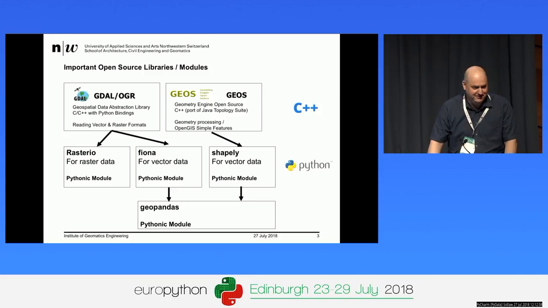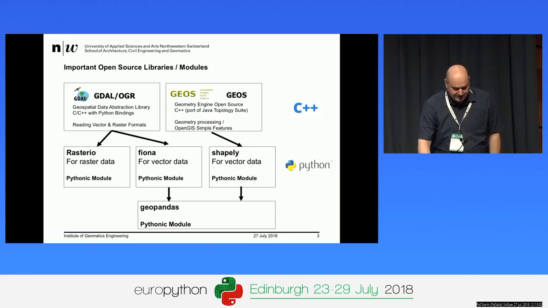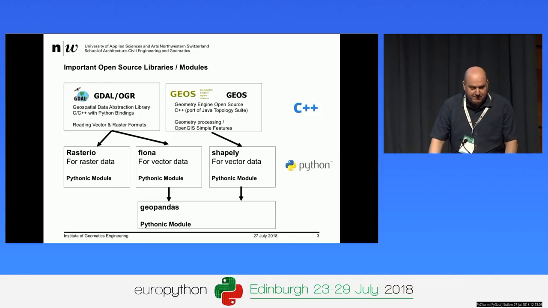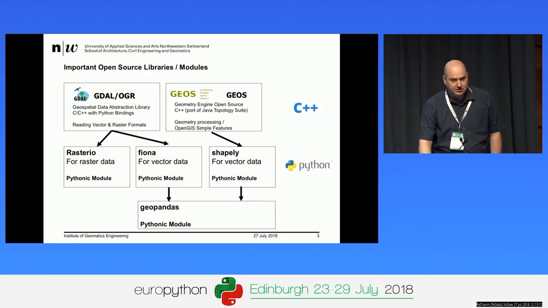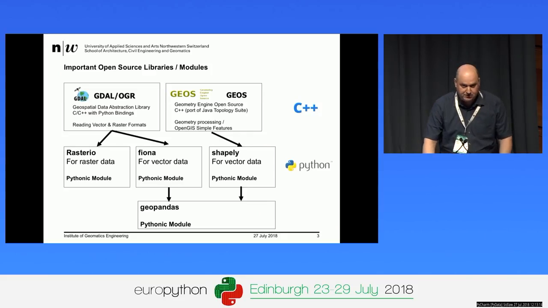What we love here. So there were recently some nice Pythonic libraries being introduced. One is Rasterio. It reads raster data, and the other one was Fiona for vector data.